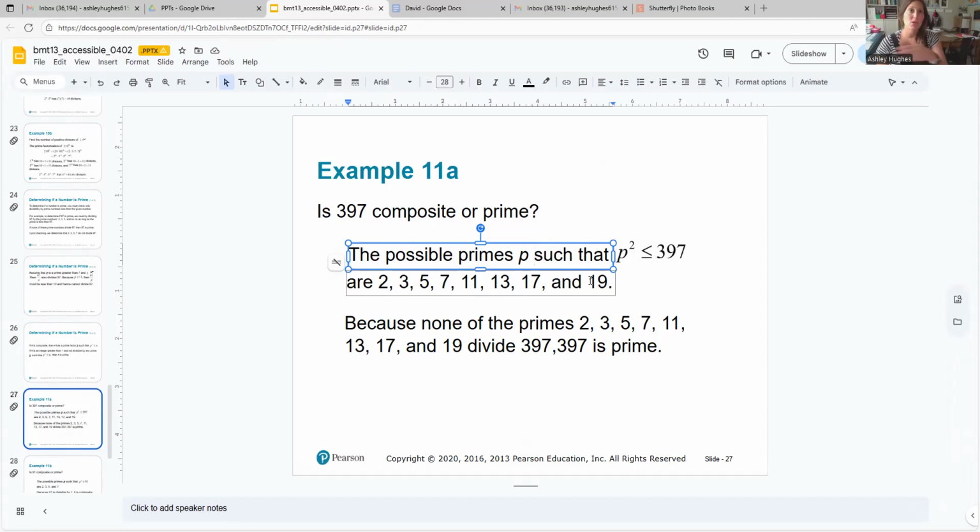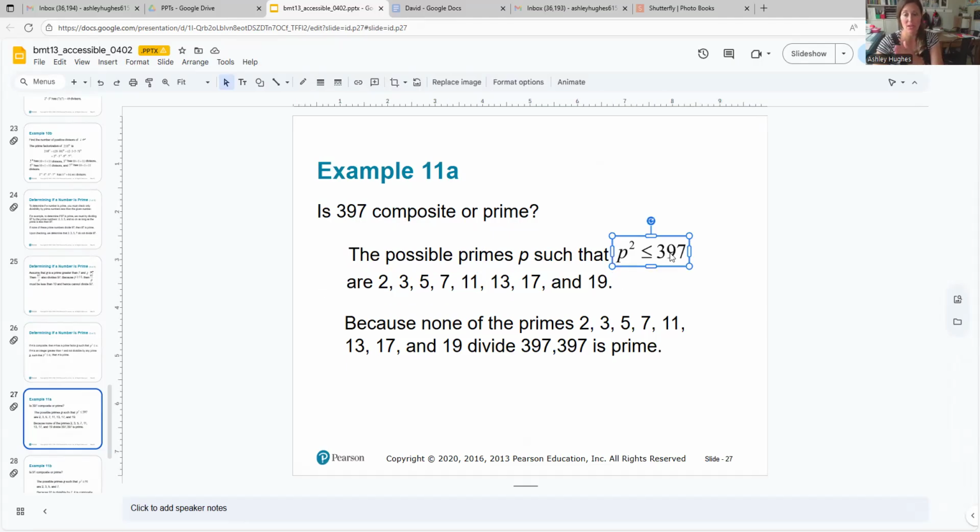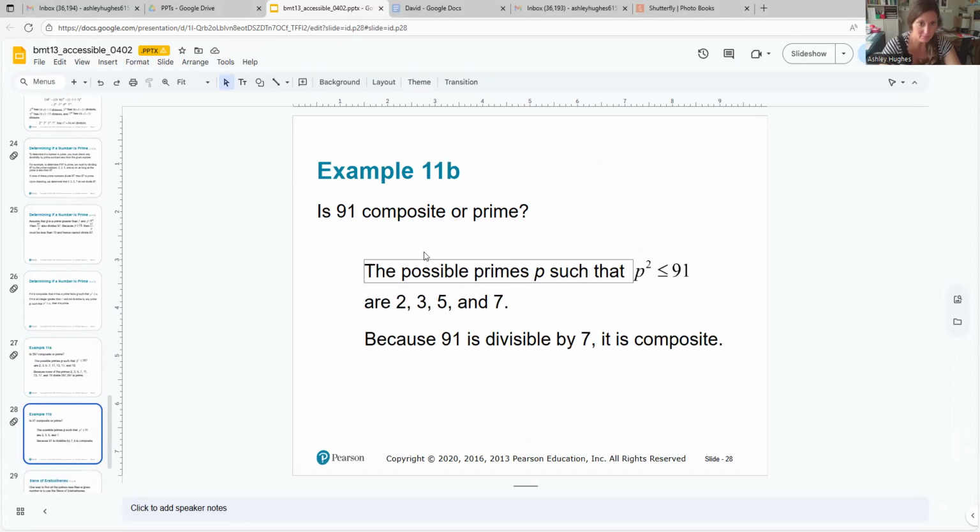I don't have to keep going forever, because squaring the next number would give me something greater than this number, so it's not going to divide in there. 19 doesn't go into 397, and all the numbers leading up to 19 don't go in, so this number is prime.